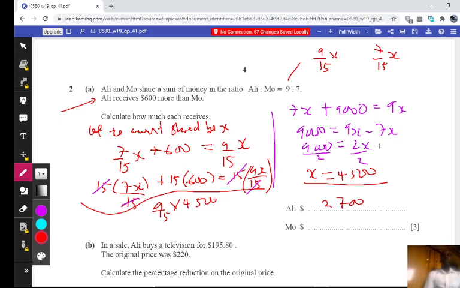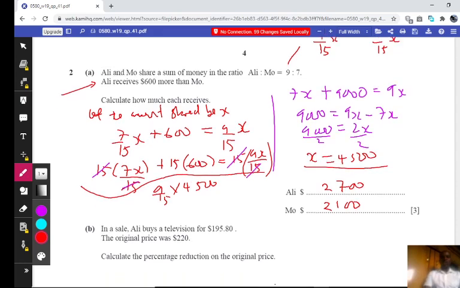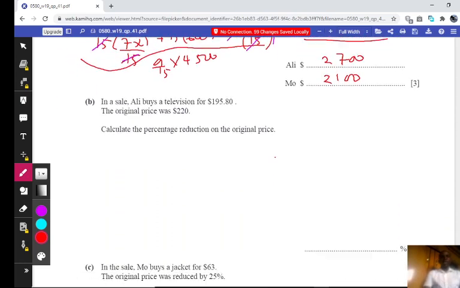Then the other one, Mo, is 7 over 15 times 4,500, which gives 2,100. If you subtract the two, the difference is actually 600, so this answer is very, very correct. Right, moving on to the next part.